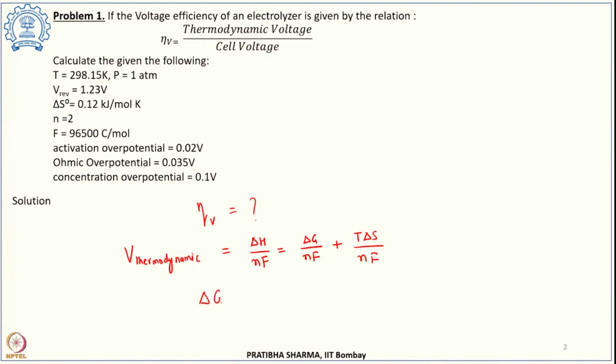Also we know that delta G, the change in the Gibbs free energy, is V reversible times nF. Now it is already given that V reversible is 1.23 volt. So using this we can write down the V thermodynamic as the V reversible voltage 1.23 volt plus T delta S over nF.